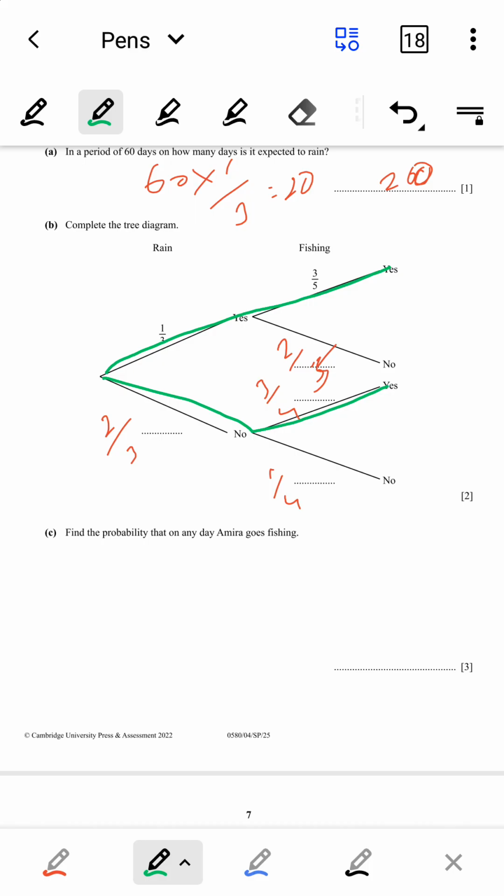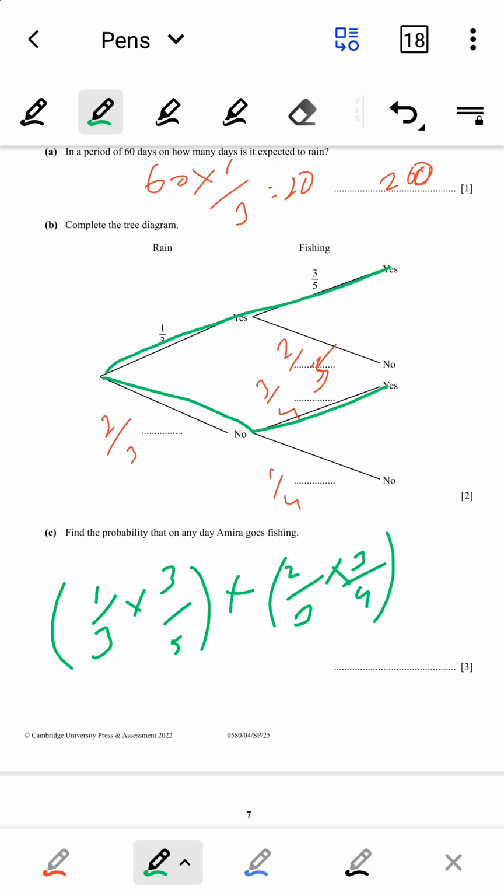Which means 1/3 into 3 by 5 plus 2/3 into 3 by 4, simplifying 3 by 15, 6 by 12. I told you that you can use the calculator. When you simplify, you will get 7 by 10, 0.7 or 7 by 10, both are correct.